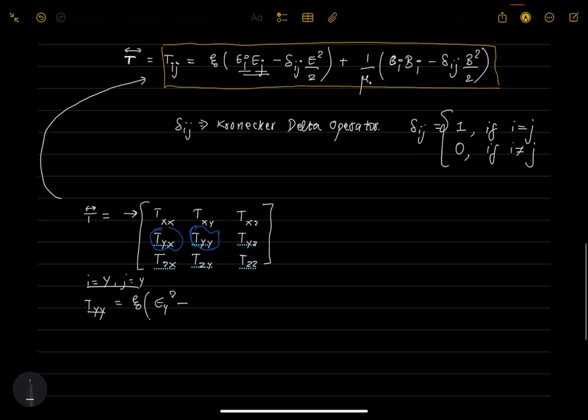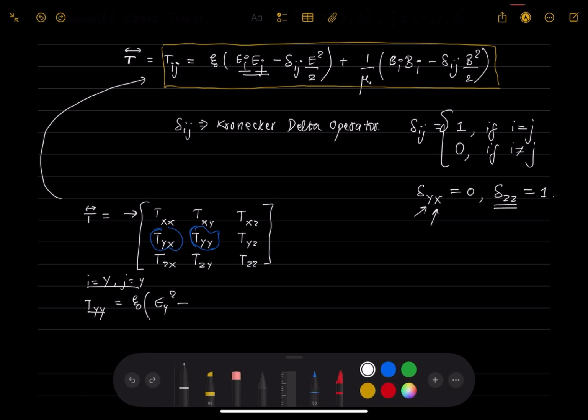So for example, if we're taking delta yx, that is i as y and j as x, then this term is 0. But if we're taking delta zz, that is for the same i and j, then this should really be 1, right? So it's basically saying only include this term if i and j are the same, if you're taking diagonal terms, right?